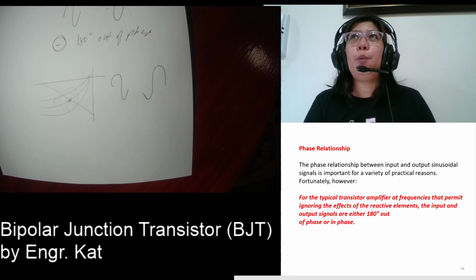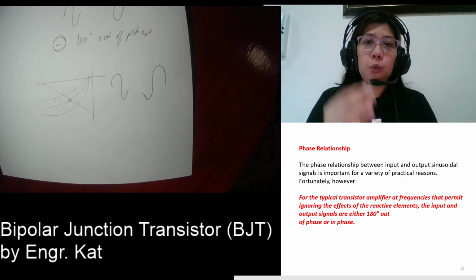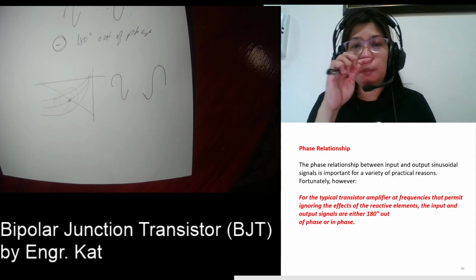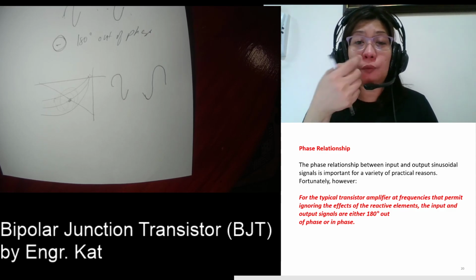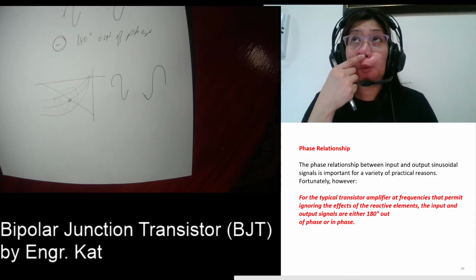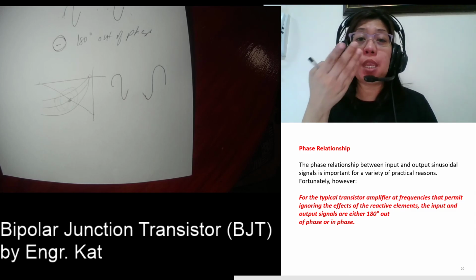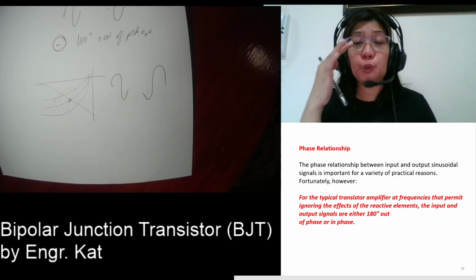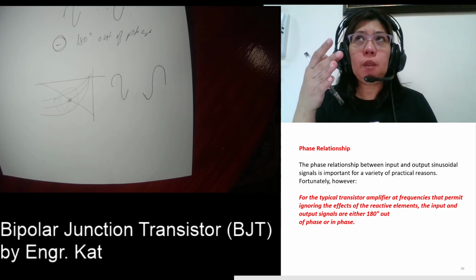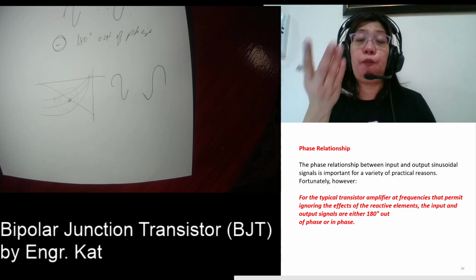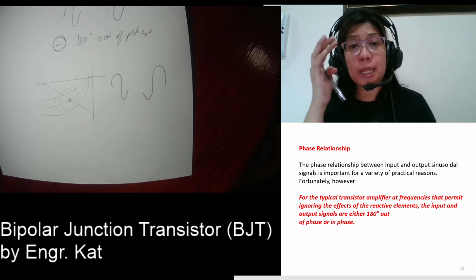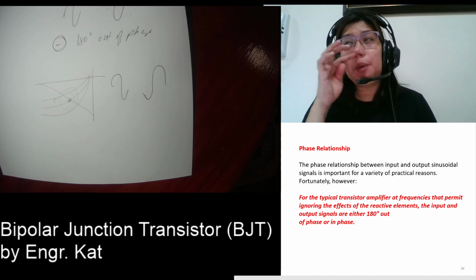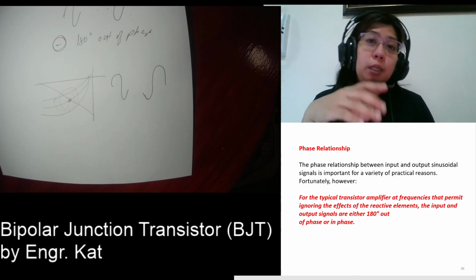Okay, so after doing that, we're going to let all your capacitors be equivalent to a short circuit, and then we're going to compute for the four important parameters. So for AC analysis, we will just try to evaluate all of these four: the input impedance, the output impedance, the voltage gain, and the current gain. Okay, so we will integrate those to our DC.